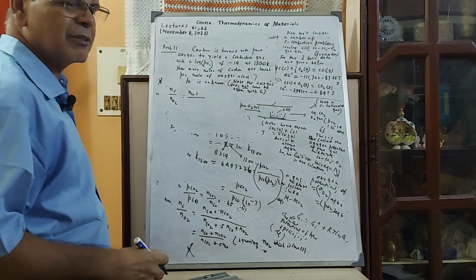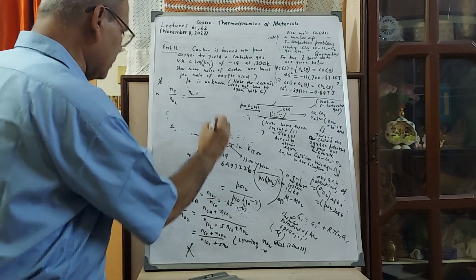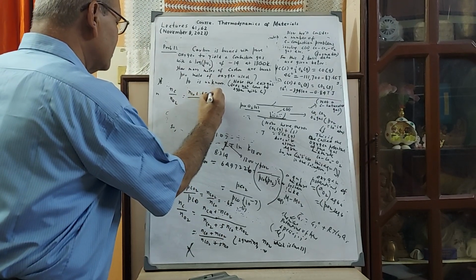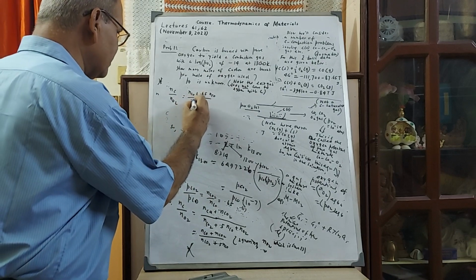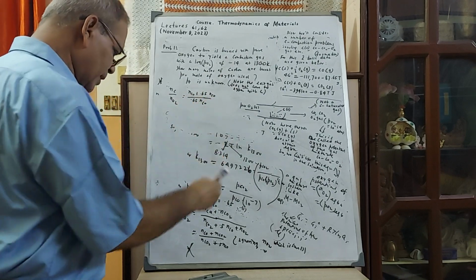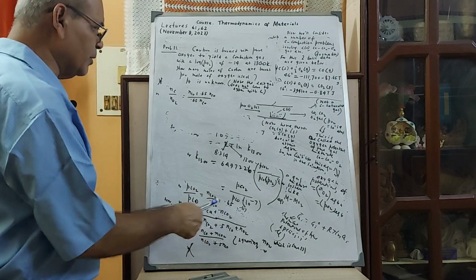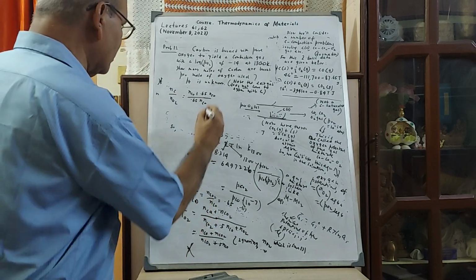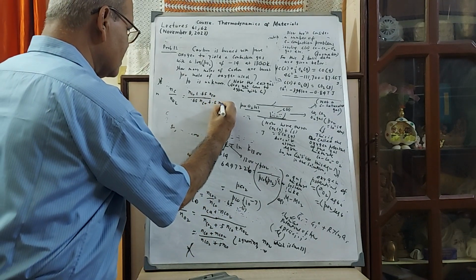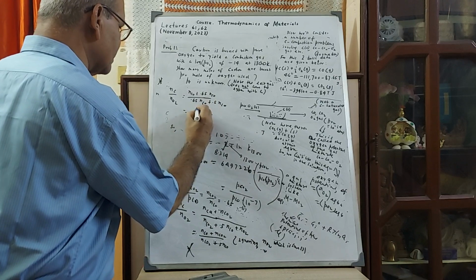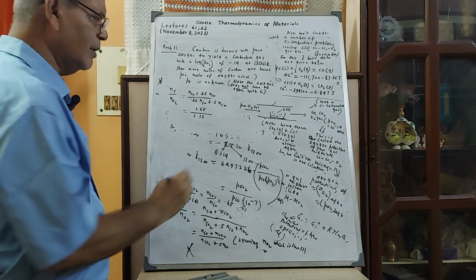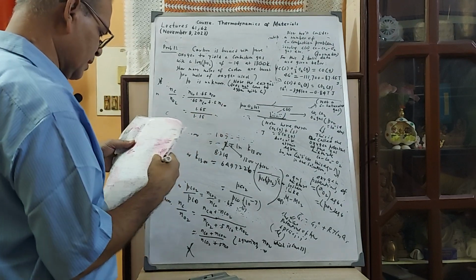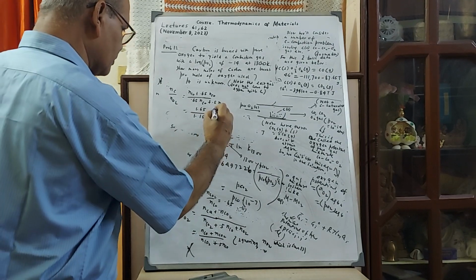The numerator is NCO2 0.65 NCO from equation 1 plus NCO, and the denominator is 0.5 NCO plus 0.65 NCO. So the answer is 1.65 by 1.15, which will be 1.43.